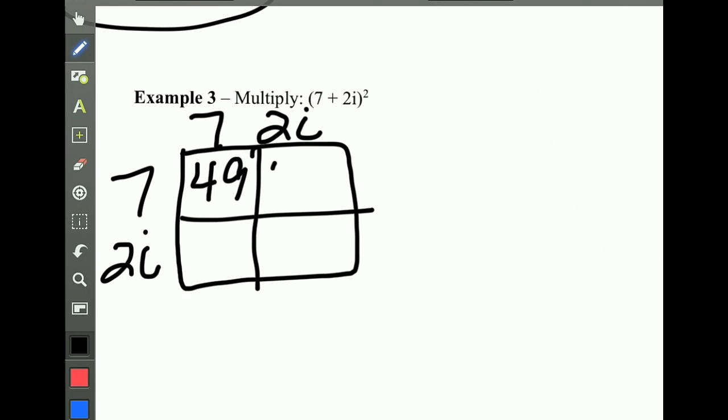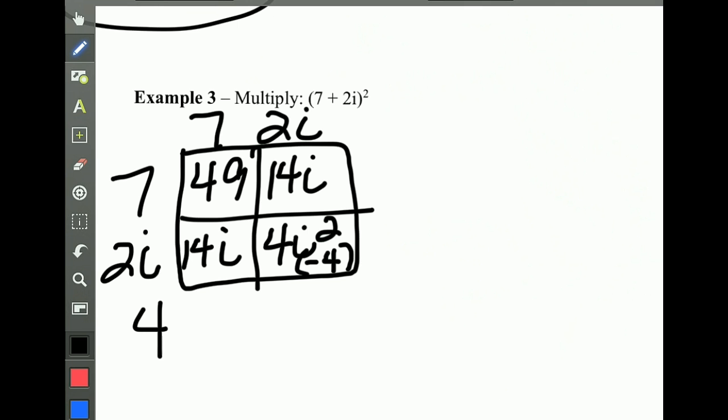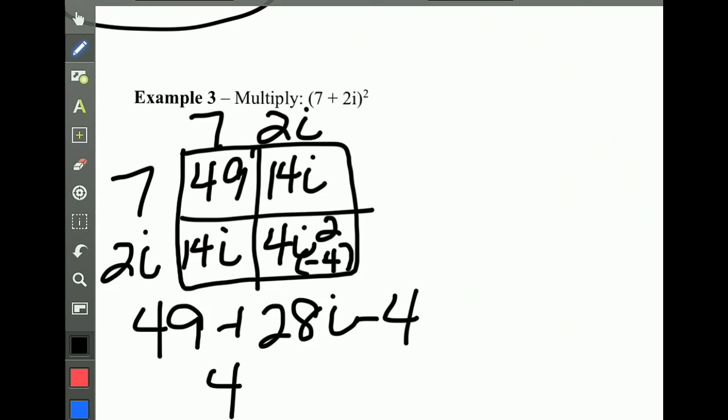So you should have 49, 14i, 14i, and 4i squared, which is the same as negative 4. When you combine like terms, you would have 49 plus 28i minus 4. Your final simplified answer would be 45 plus 28i.